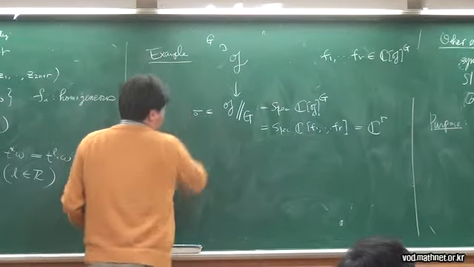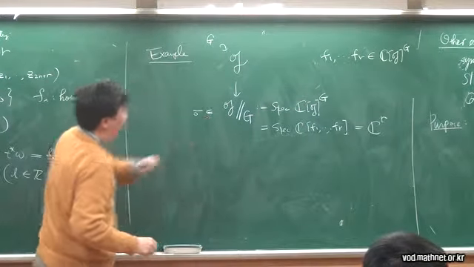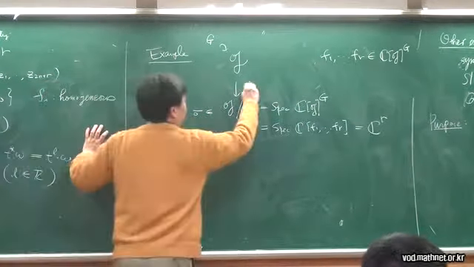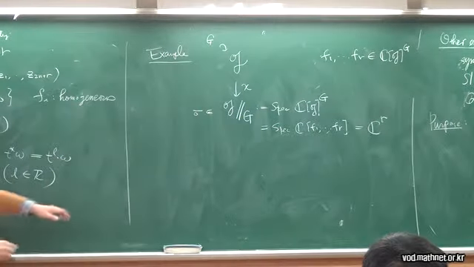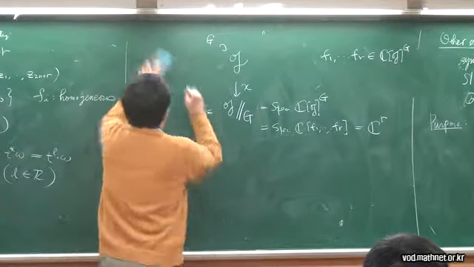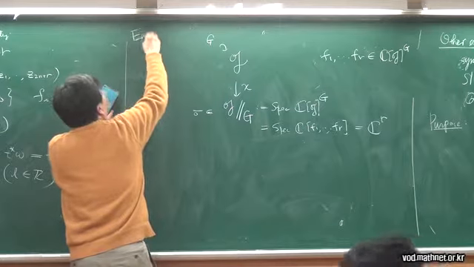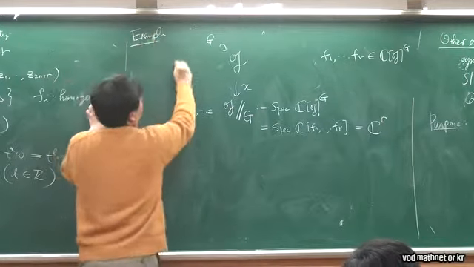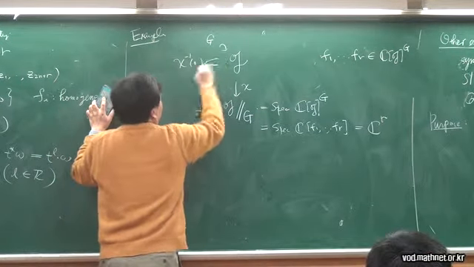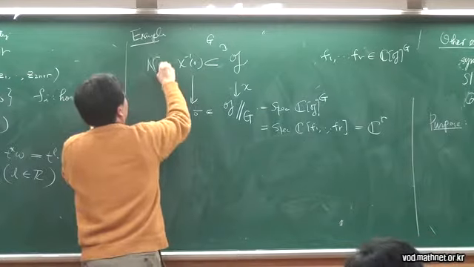You take 0, the origin, and we call this map the adjoint quotient map chi. And if you take the null fiber, the central fiber of chi over 0, this is nothing but the nilpotent variety N.